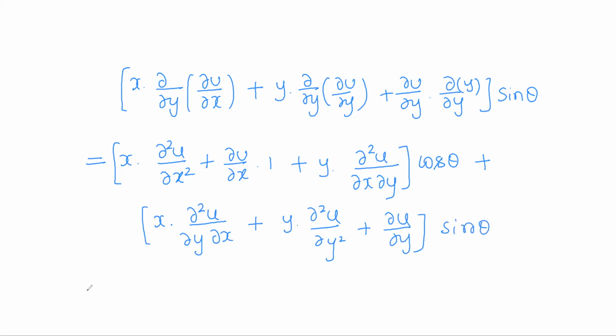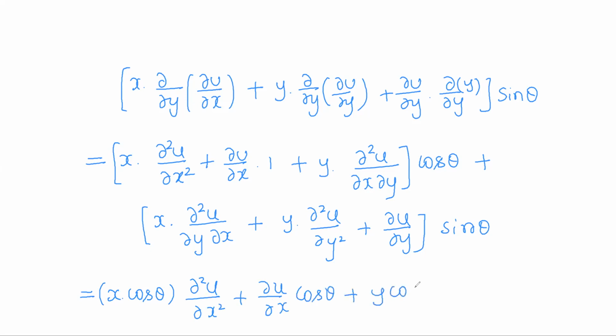So what could be the next step? Multiply cos theta inside. So x cos theta dou square u by dou x square plus dou u by dou x cos theta plus y cos theta dou square u by dou x dou y plus, now multiply sine theta inside here.